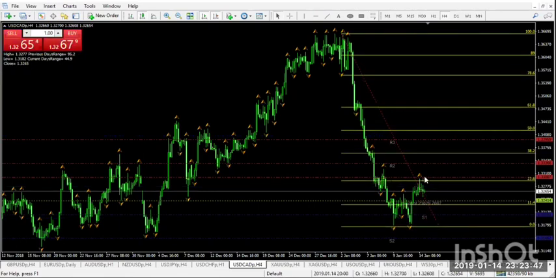It's exactly like Fibonacci. If the 23 level is broken, it's going to reach 38 and then come back and then reach 50 and then go back to 23 and then back and forth, and that is exactly what happens with these lines, with this tool.